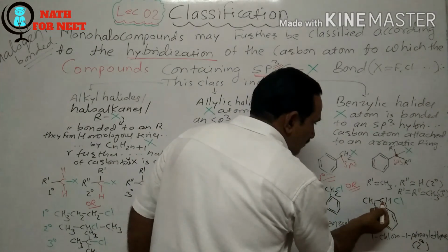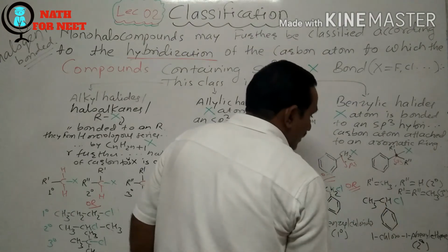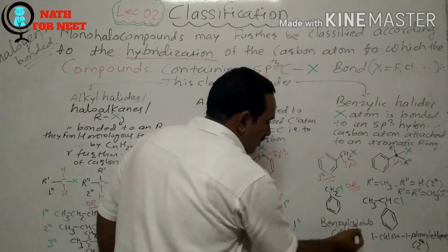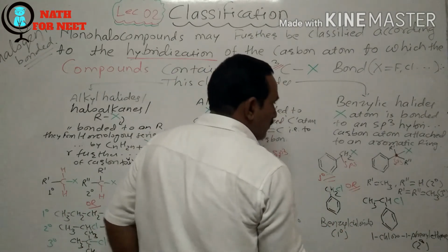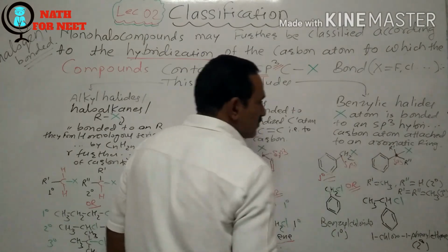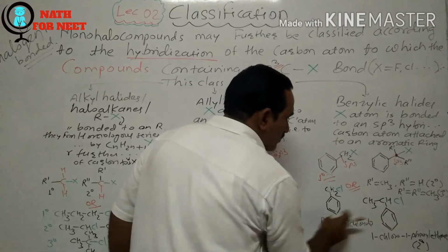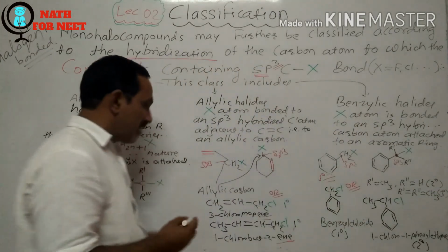So this is the secondary. Yes, this is the second degree benzylic halide, and this is the first degree primary carbon. Yes, this is the first degree benzylic halide. So these are the general examples for the benzylic halides, and these are the specific examples for the benzylic halides.